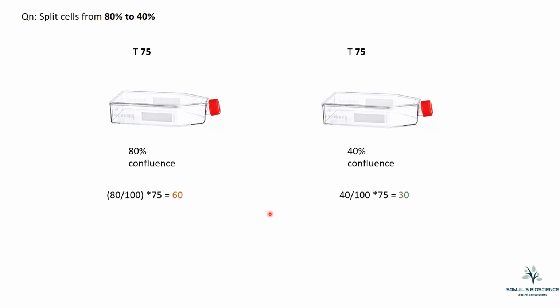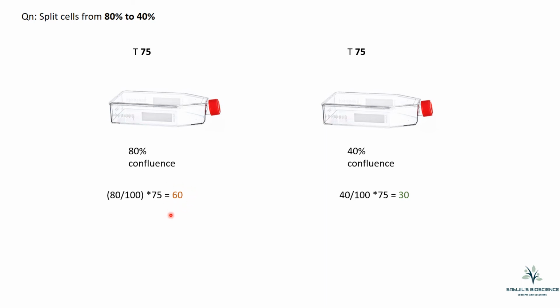This is a very simple calculation, simple mathematics. As I said, this is 75, meaning 75 centimeter square surface area, and 80% confluence means 80% of the 75 centimeter square area is occupied. That means 60 centimeter square area is occupied by the cells. This is what you have.